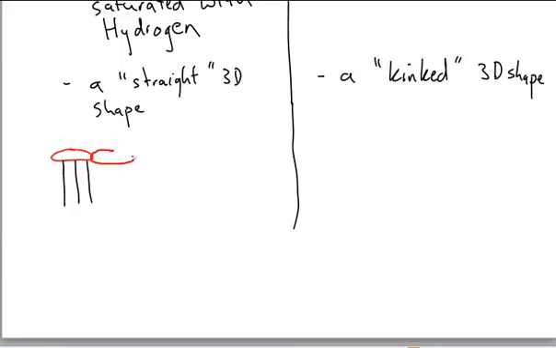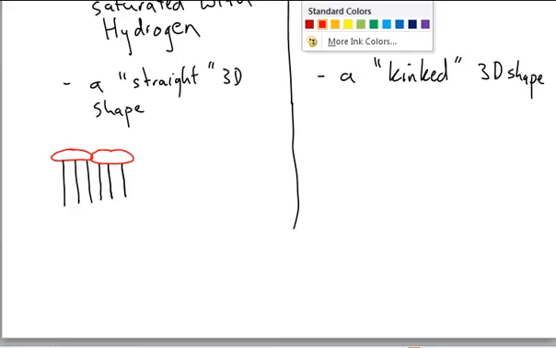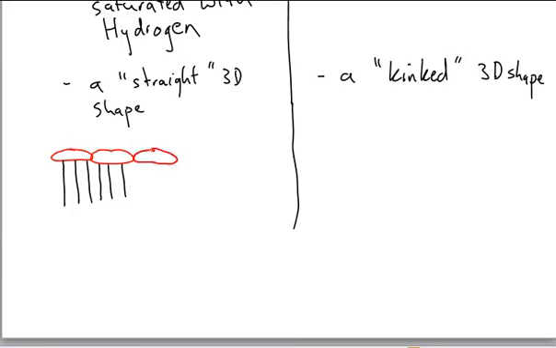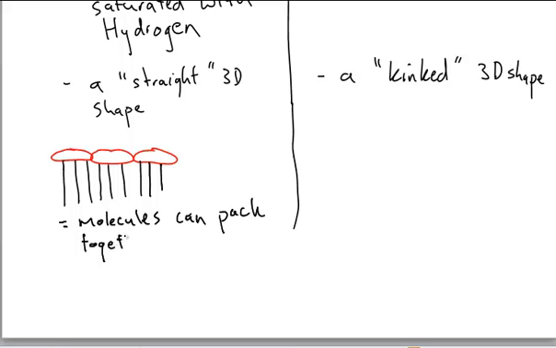Then the next molecule could come in, if it's nice 3 straight chains. The next molecule could come in with its nice 3 straight chains. And they can pack very tightly. So the molecules can pack together tightly.